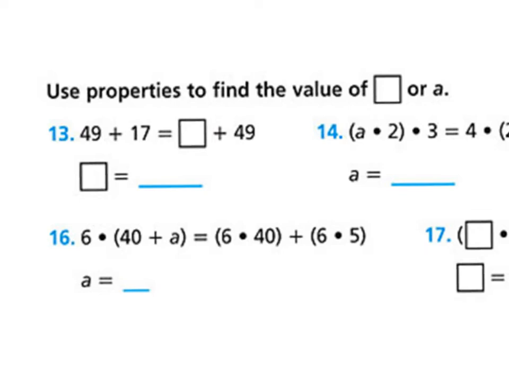Hopefully you're thinking, hey, 49 and 17, and 17. The box is 17. This is an example of the commutative property.